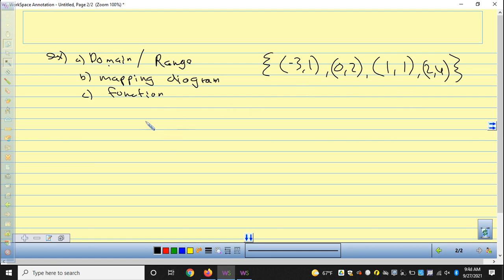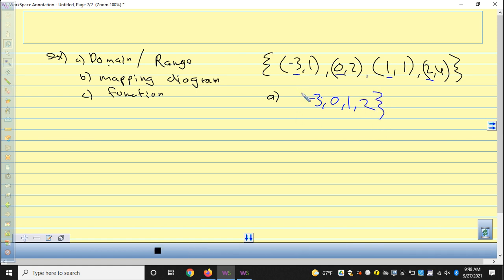Well, for part A, the domain is just the x values. So the domain is the set, I'm going to do that in blue, -3, 0, 1, and 2. We're just picking out the x values, and I'm going to put them in order: -3, 0, 1, and 2.